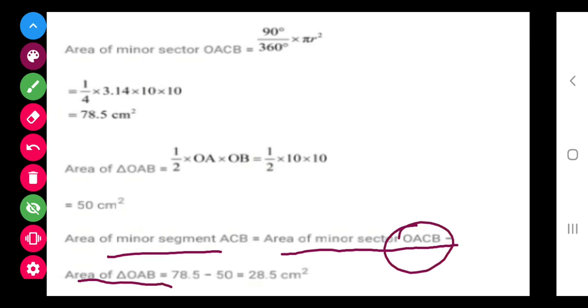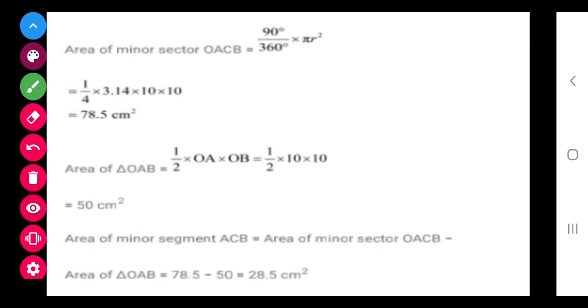This is the way how we can name also. Sometimes there are 2-3 sectors, then we can name like this also. Now class, moving forward, finally they have subtracted area of this minor sector and this area of triangle, and finally the answer is this. This is the first part.